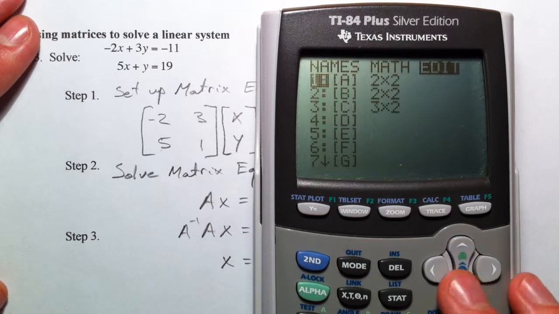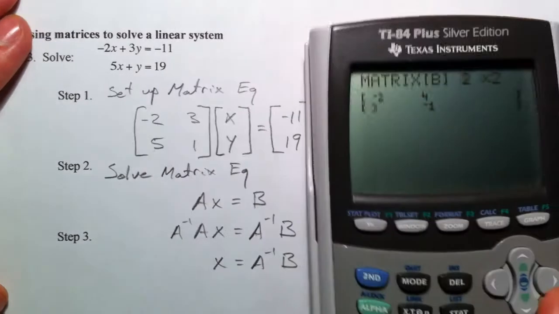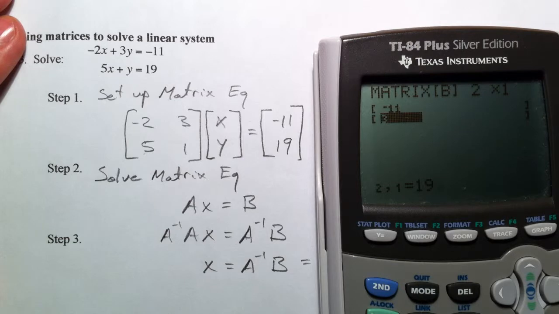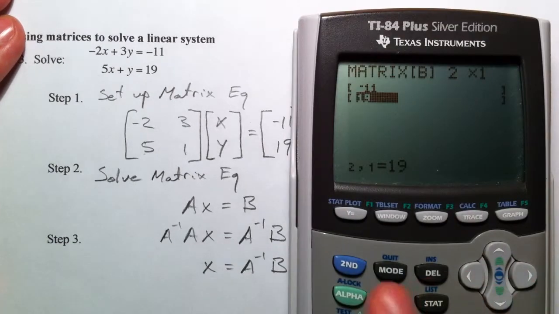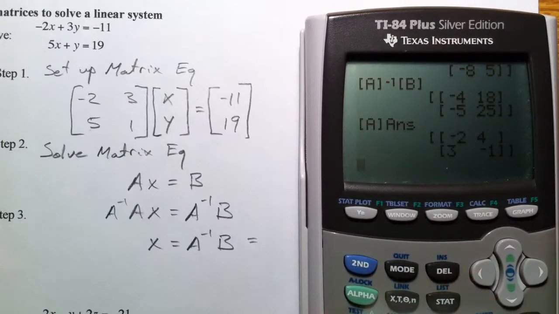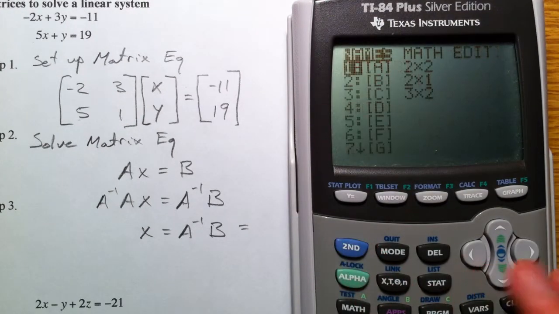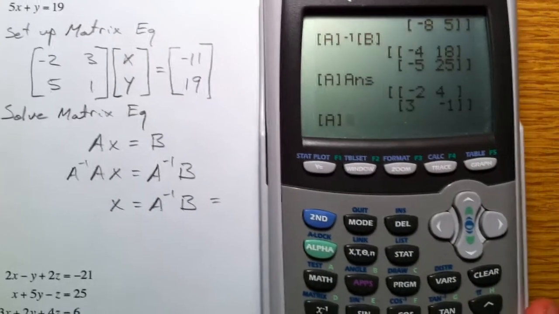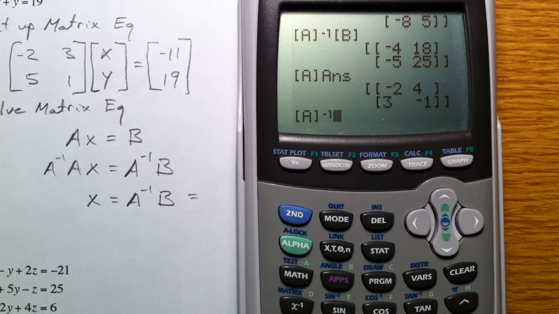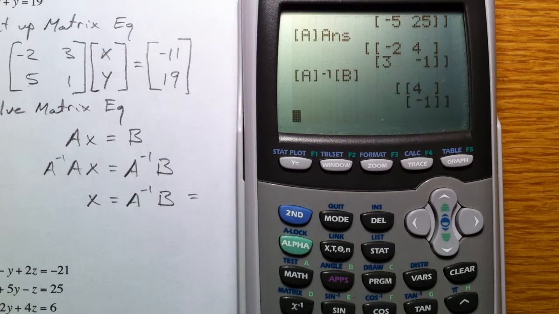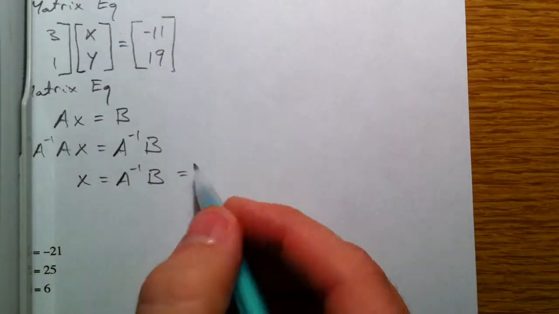And matrix B is 2 by 1, -11 and 19. Now what we want to do is inverse A, so matrix A inverse times matrix B. And here we go, we get 4, -1.